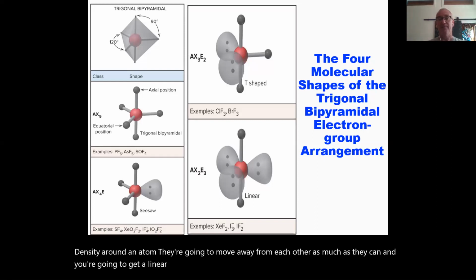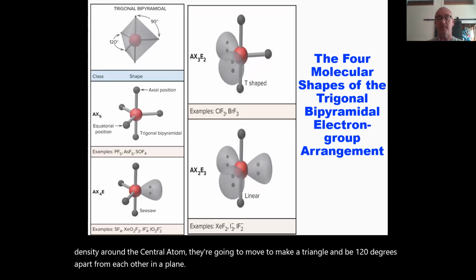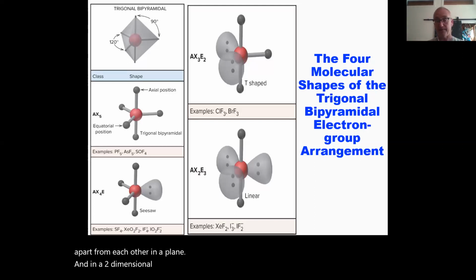That made sense. And if we have 3 areas of electron density around a central atom, they're going to make a triangle and be 120 degrees apart from each other in a 2-dimensional plane, because that's as far away as they can get from each other.